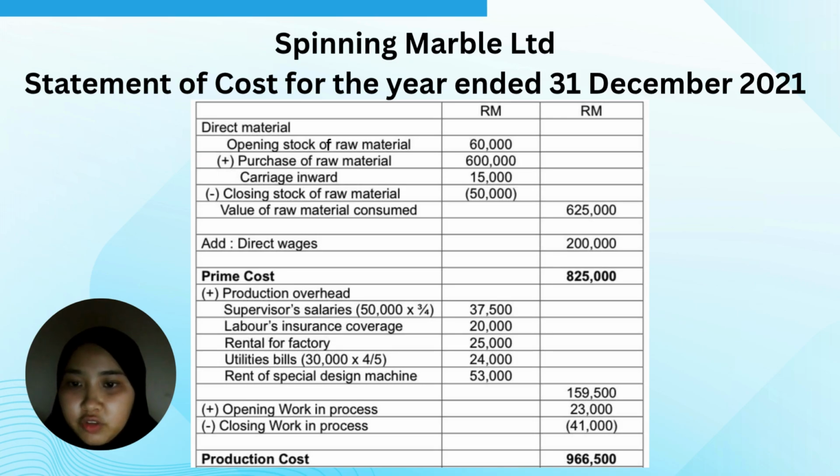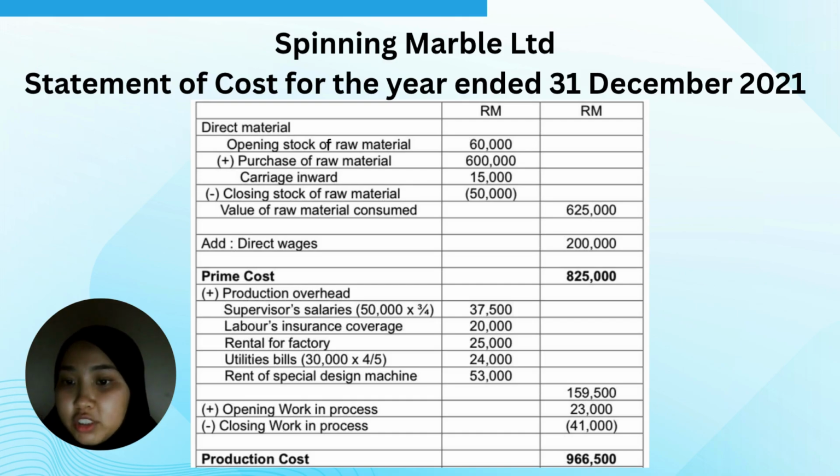The rental for factory is 25,000. Utilities bills, from the additional information, 30,000 times 4 out of 5, we get 24,000. Last one is rent of special design machine, 53,000. So the amount of production overhead is 159,500.